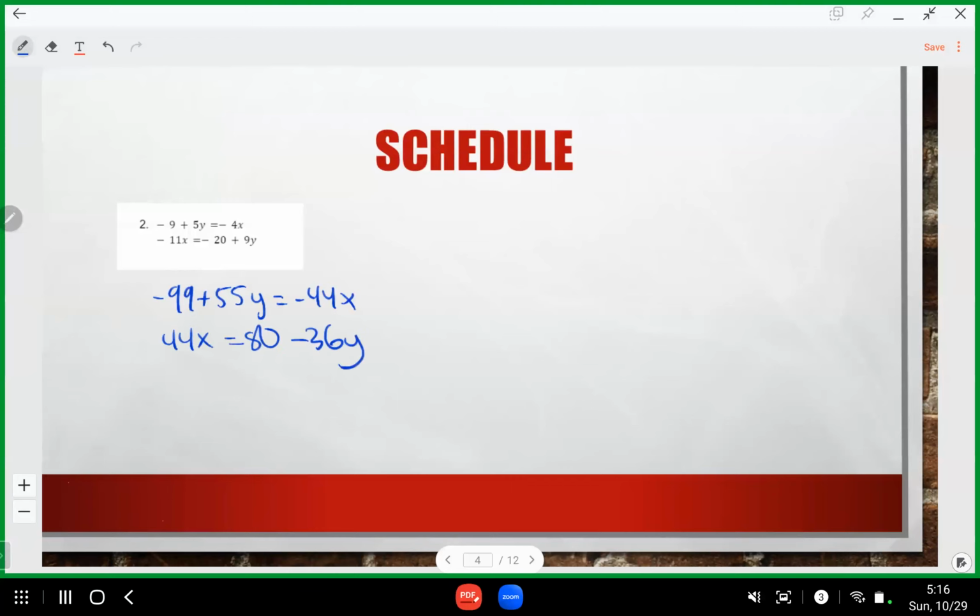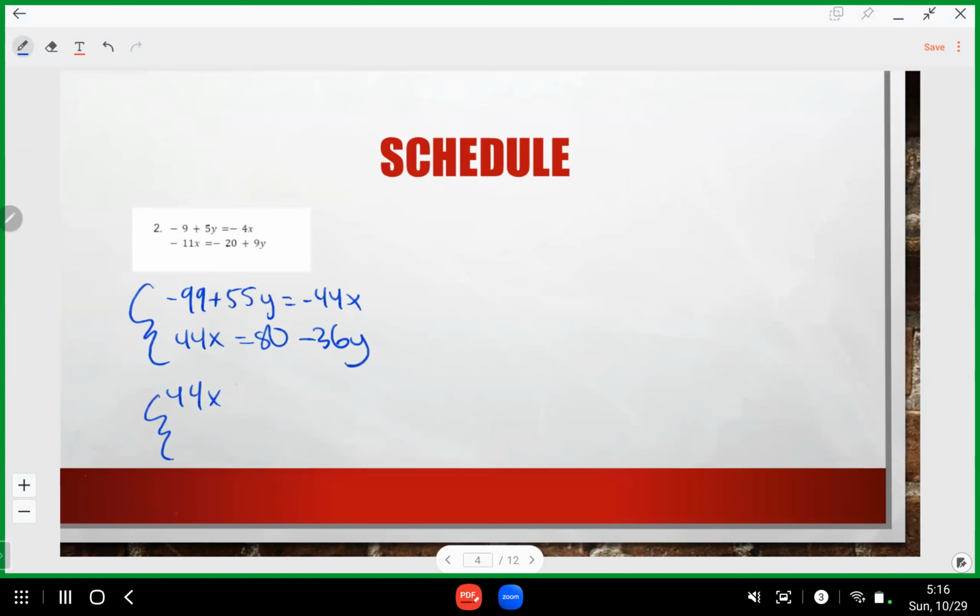Why don't we rearrange this first? Let me rearrange this real quick. 44x plus 55y is equal to 99, and 44x plus 36y is equal to 80, right? Then we get 19y is equal to 19.